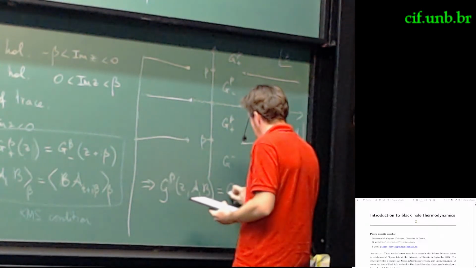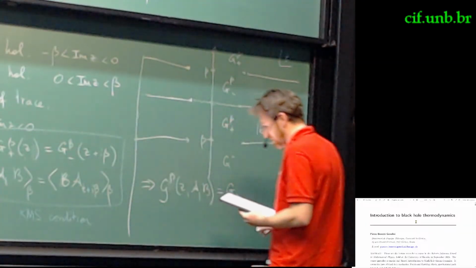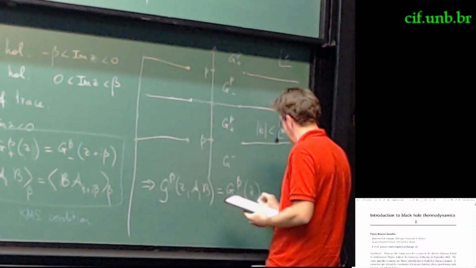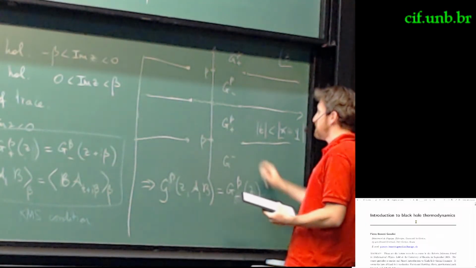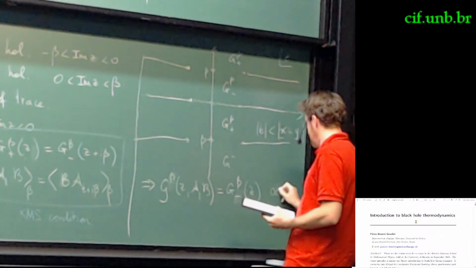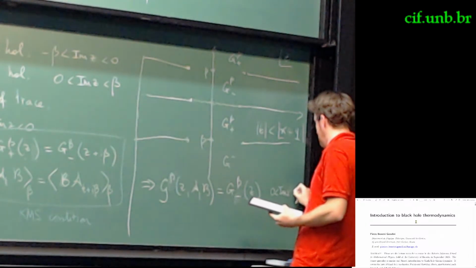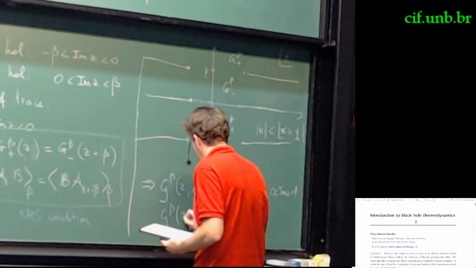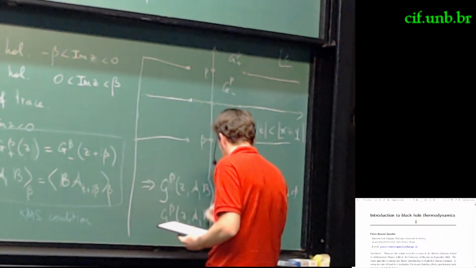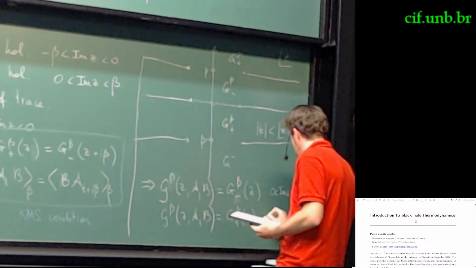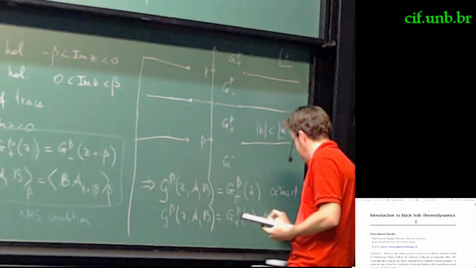Such that it is G minus in this strip, so if 0 is less than imaginary of Z, less than beta, and it is G plus at imaginary Z minus beta.